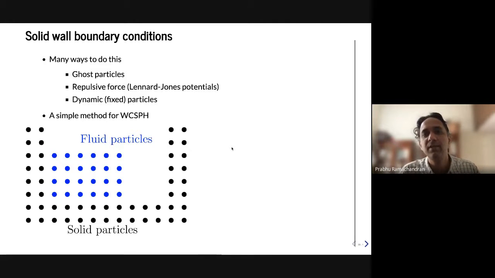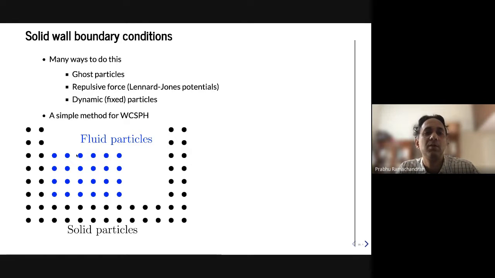So it turns out, again, in SPH, there are many ways of dealing with solid walls. One way is to use what are called ghost particles. Another way is called a repulsive force. And then there is another approach called dynamic particles. I'll explain some of these. So in the ghost particle approach, it's fairly straightforward: if you have a wall here, so imagine this is your domain, you have some fluid and you have some solid region.